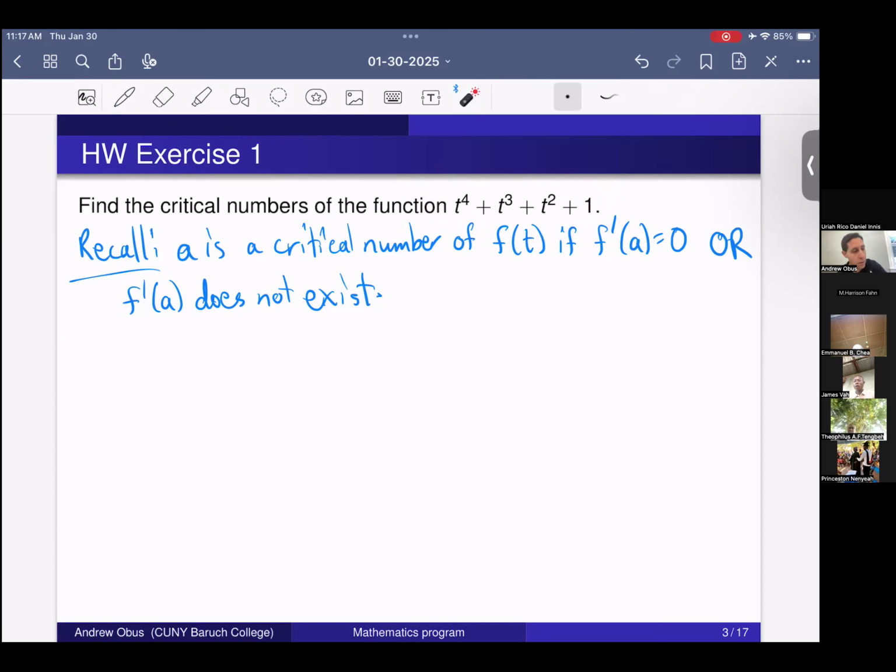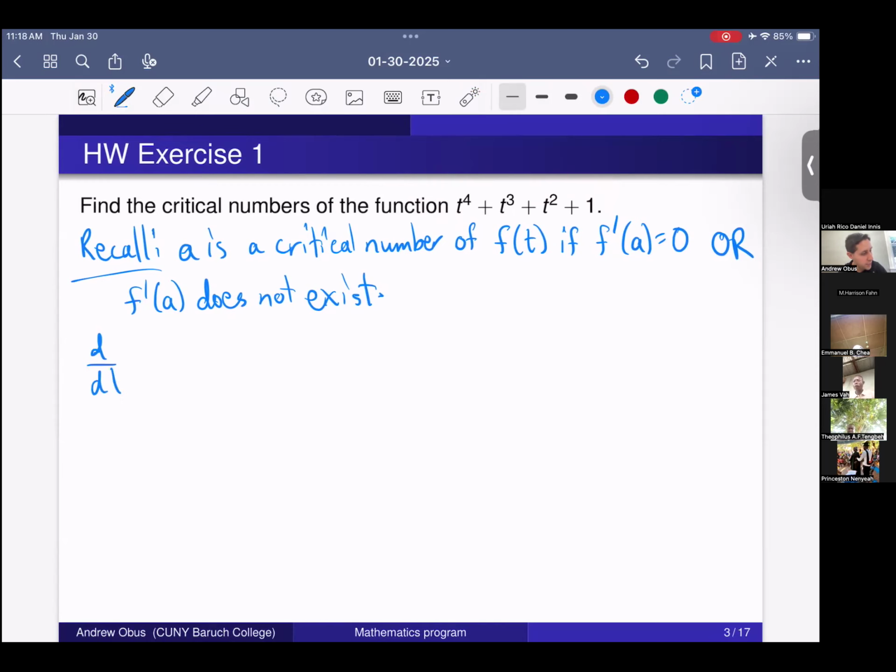The derivative. Great. So what is the derivative? We have to do d dt of t to the fourth plus t cubed plus t squared plus 1. We want to set this equal to 0, right? Okay. So what does this left-hand side become when we take this derivative?